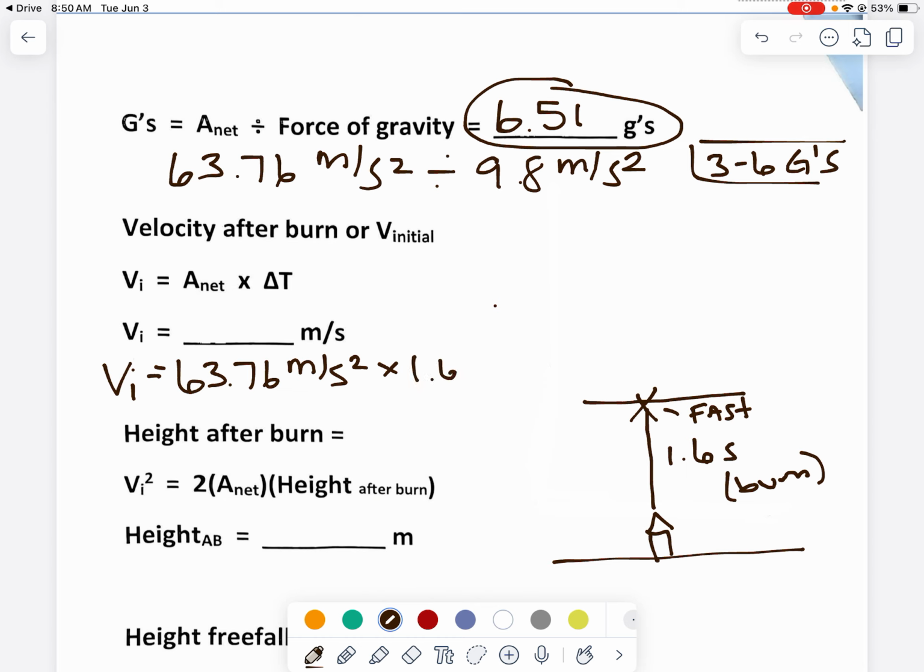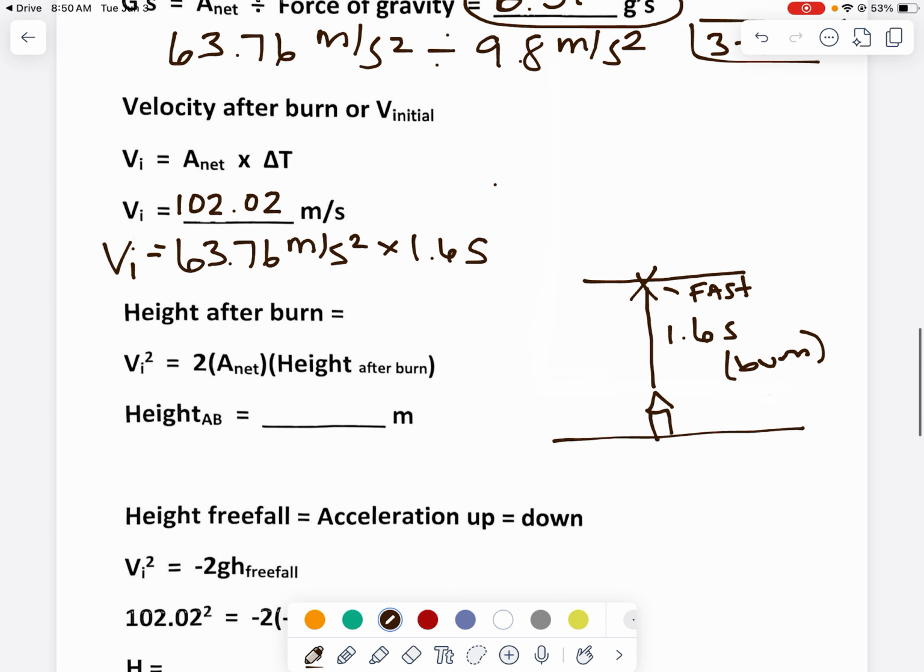Again, 1.6 seconds. So go ahead and give that a try. Should have gotten 102.02 meters per second. So every second, at that point, your rocket's going 102 meters. At least mine was, hypothetically.